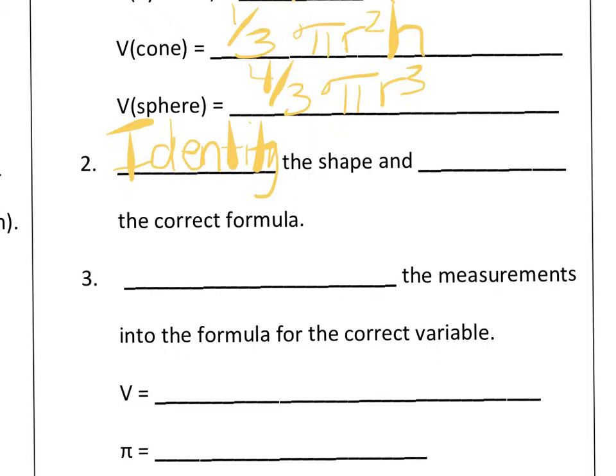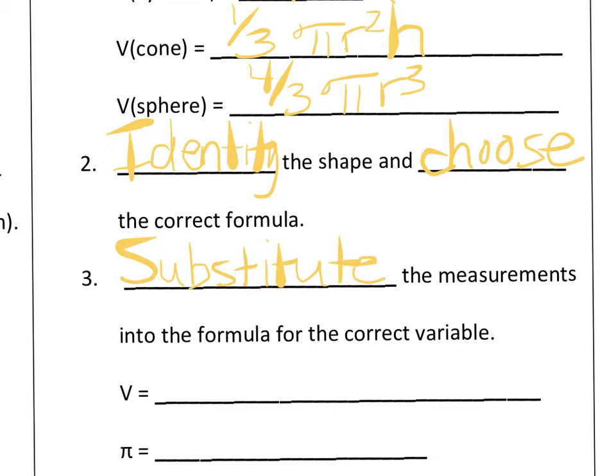And then once you've got the shape, you want to choose the correct formula based on the shape. And then, just like in any equation, formulas are equations, you want to substitute the measurements that are given to you into the formula for the correct variable.